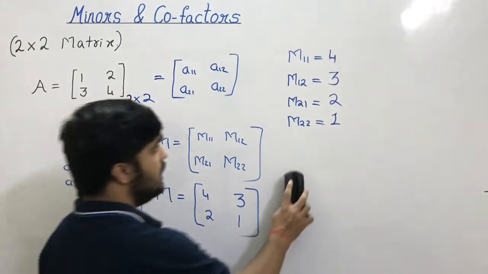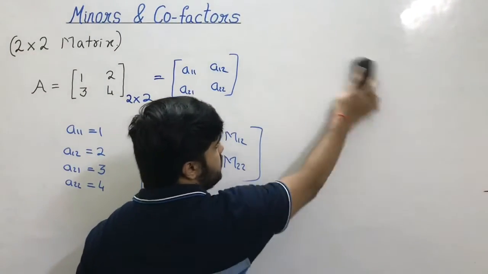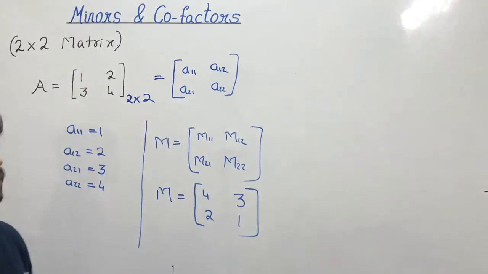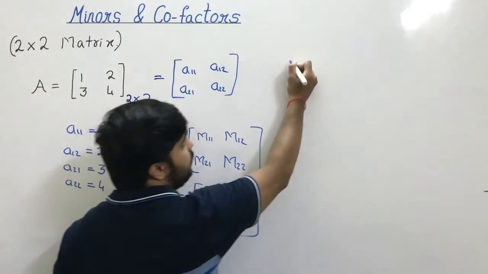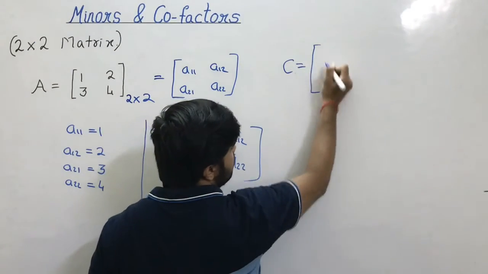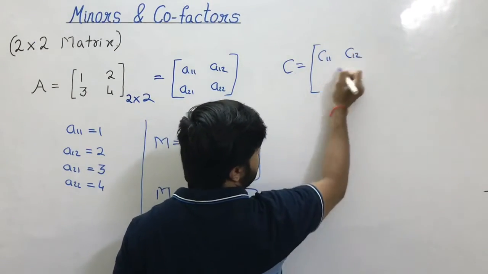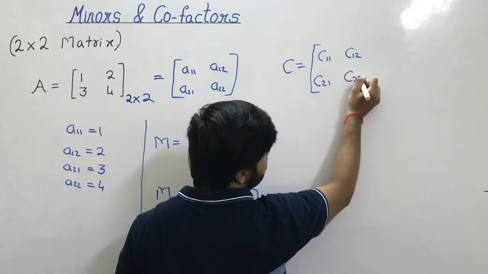Next we'll see how to find cofactors. We have one simple trick to find cofactors. You just have to remember signs. Let us call the cofactor matrix C11, C12, C21 and C22.